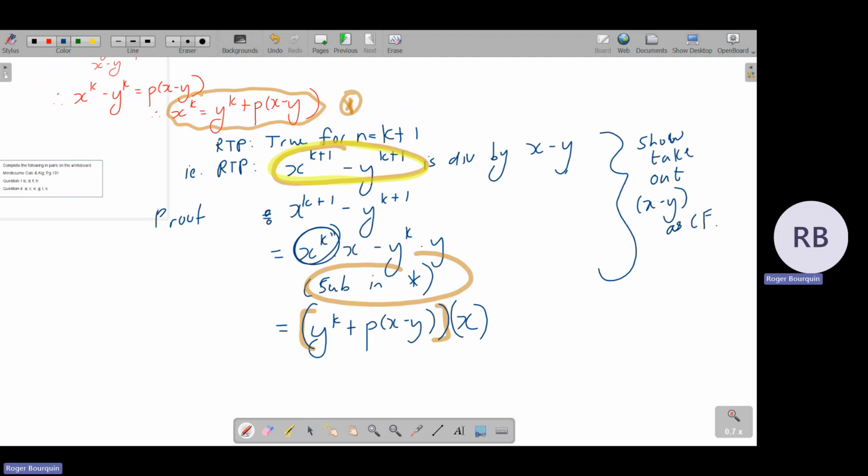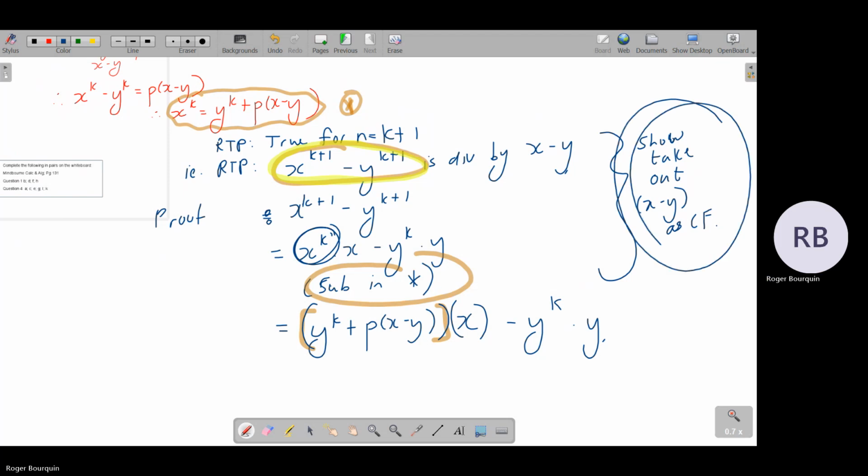Then after, minus y to the k times y. So this will be my next one. Now what's our objective? We want to take out x minus y as a common factor. So I would not times into that. I want to keep that x minus y, but I would distribute this.